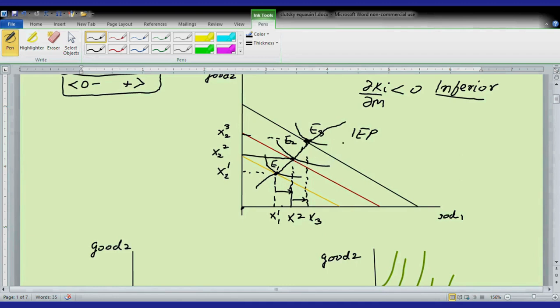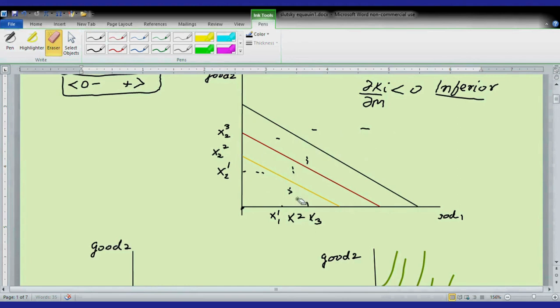Now, suppose that things were a little bit different. Suppose that things were as follows. Let me first erase these old figures. Suppose that things were initially as follows.